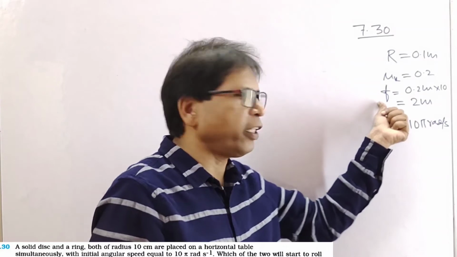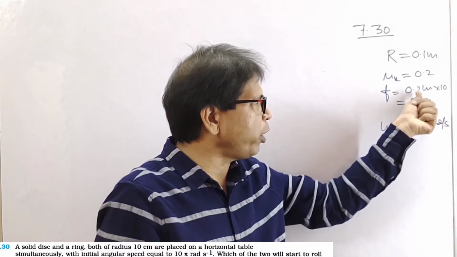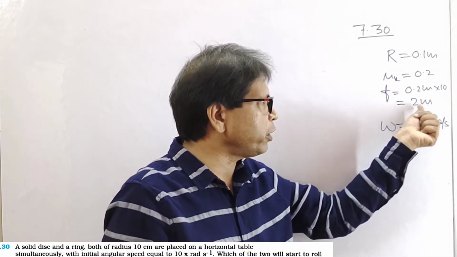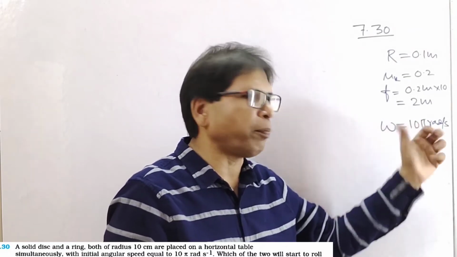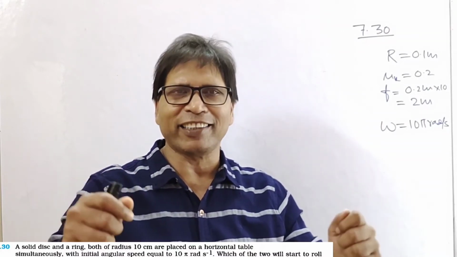So force of friction is mu k mg. So mu k is 0.2 into m and g is 10. So force of friction is 2m. Initial angular velocity is 10 pi. We have to calculate which one starts pure rolling earlier, ring or disc.